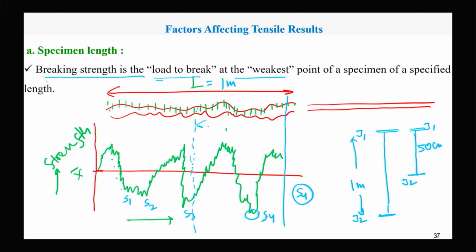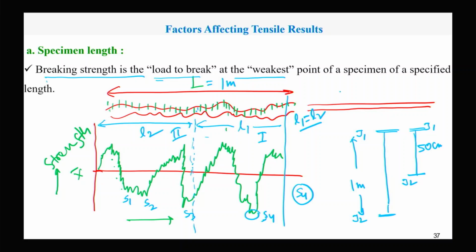We have tested say L1 and L2. So for L1, when we are testing, L1 equal to L2, the part 1 and part 2, the portion 1 and portion 2.